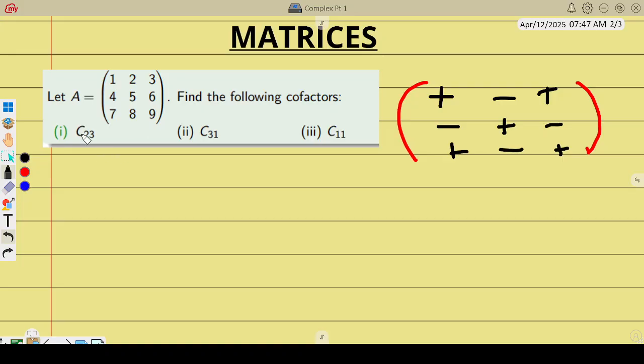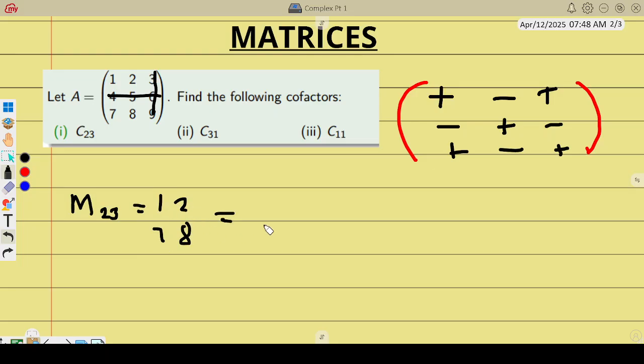So if we want to find the cofactor of 2, 3, we first need the minor of 2, 3. We cancel row 2 and column 3. Now what are we remaining with? We're remaining with 1, 2, 7, 8.